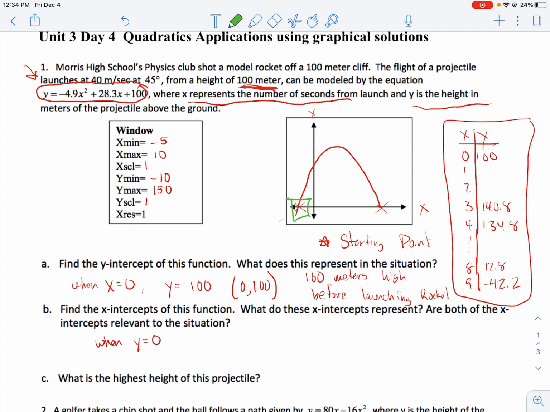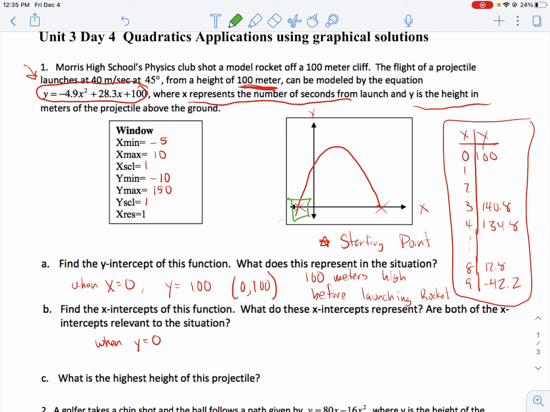We're not shooting the rocket backwards in time. We're not starting down here. We're starting at, excuse me, 100 feet. And so when we find these x-intercepts, one of them makes sense and one of them does not.